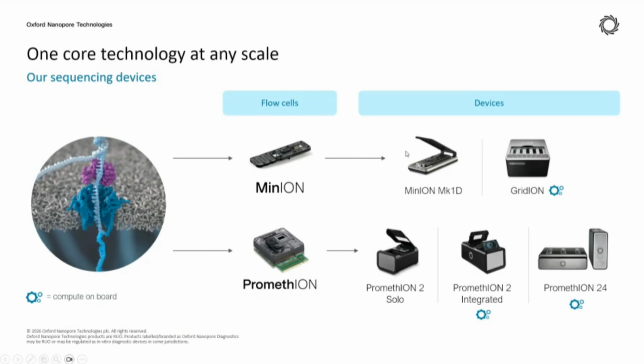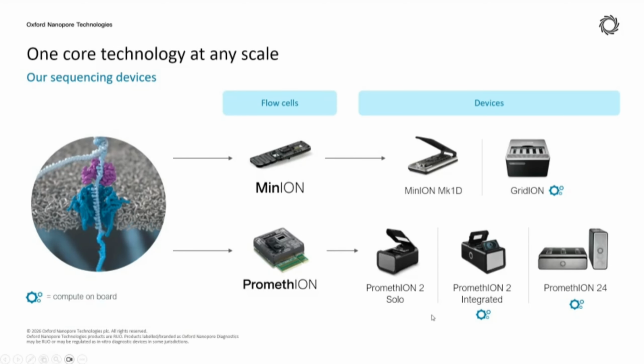If we are using PromethION flow cells, there are 3 sequencing devices at the moment: PromethION 2 Solo, PromethION 2 Integrated, and PromethION 24. From the numbers, I think you can also guess how many flow cells each can take at one time. PromethION 2 Solo and Integrated can both take 2 flow cells in one sequencing run.